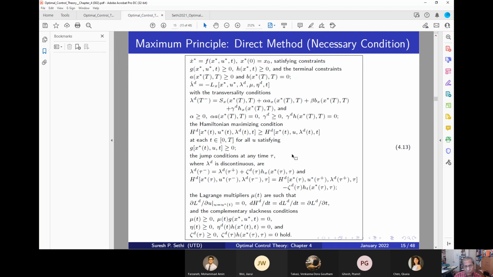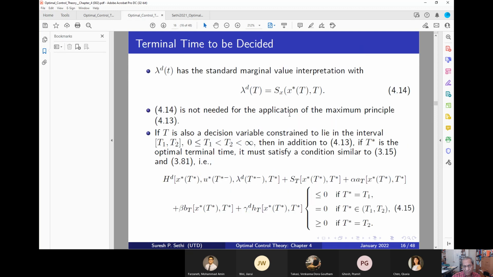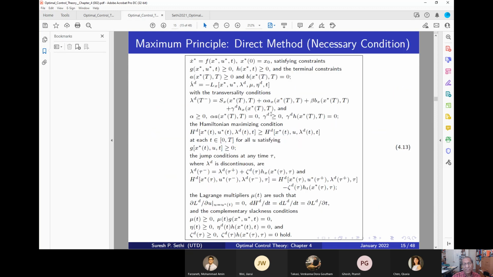Why I don't go further on this is because lambda d is not only discontinuous, but a more complicated function. It can be what is called a generalized function.